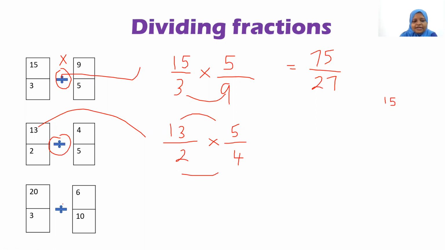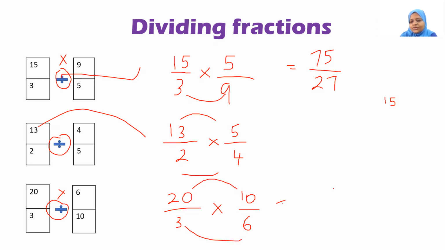And the next one, division here becomes multiplication. Again, I'm repeating, the first fraction doesn't change, and the second one becomes reciprocal. Reciprocaling means the top number goes down and the bottom number comes up. Simple, simpler words. After that you can multiply these two: 20 into 10 and 3 into 6, and you write it here. That's all. Simple as that.